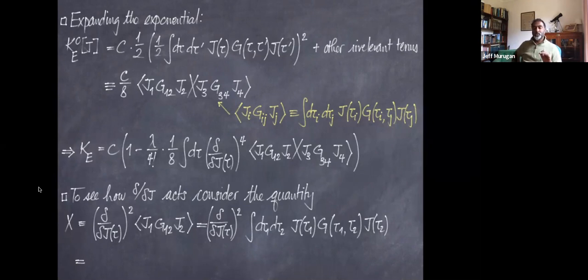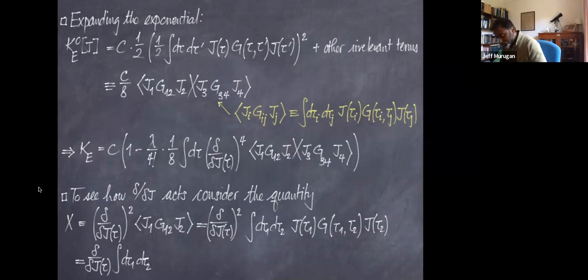Now, when I take the functional derivative into the integral, anywhere that there's a j of tau something, tau 1, tau 2, whatever, the functional derivative acts to produce a delta function. So there's one functional derivative outside, delta by delta j of tau. And on the inside of the integral, I have an integral with respect to tau 1 and tau 2.